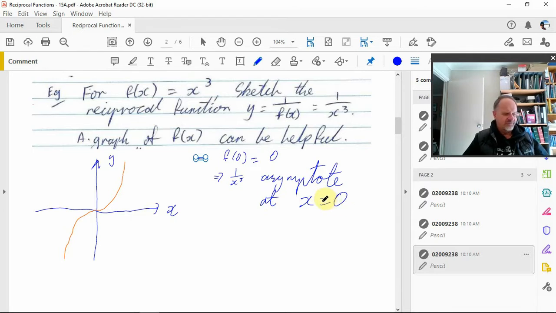All right, so that's the first thing that we can see. Secondly, I'm going to use some mathematical way of writing these things down.